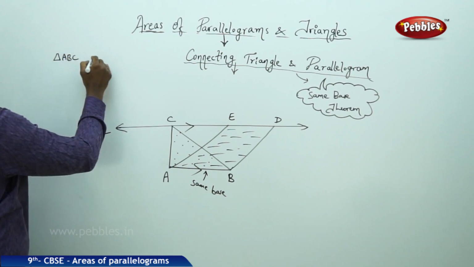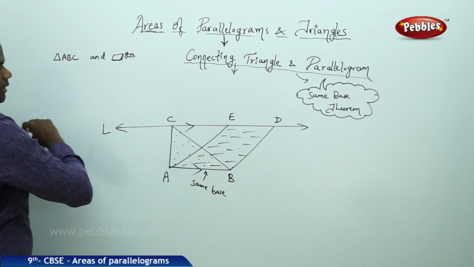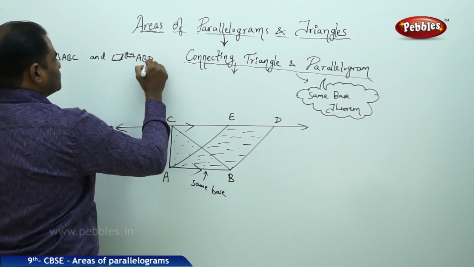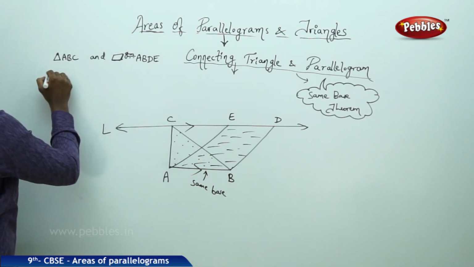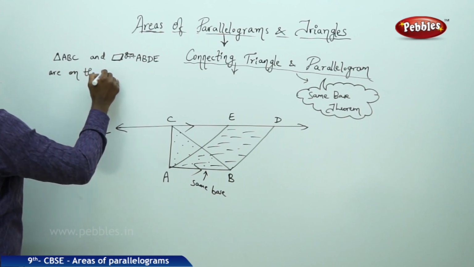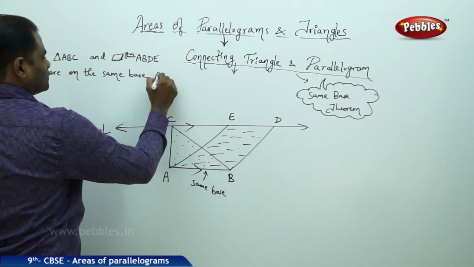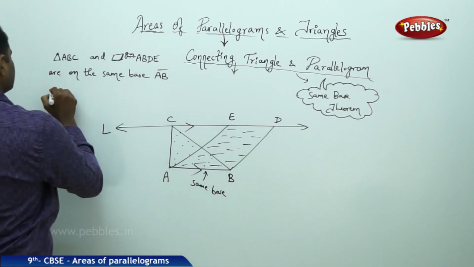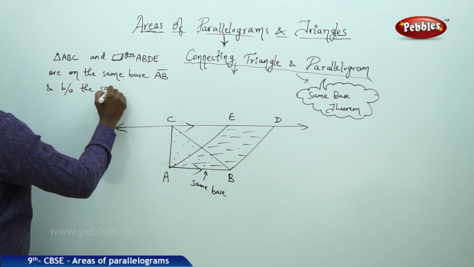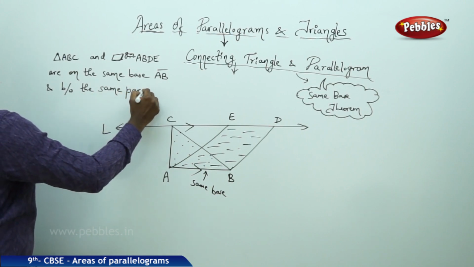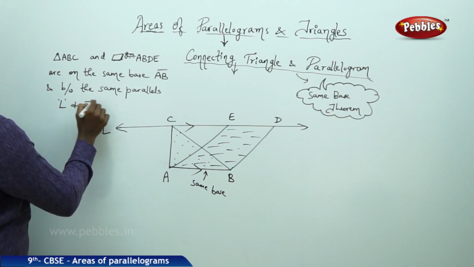Triangle ABC and parallelogram ABDE are on the same base AB, as can be seen here, and between the same parallels L and AB.